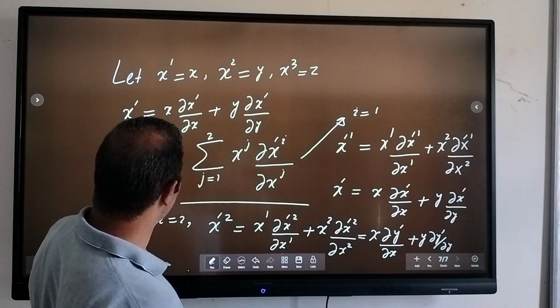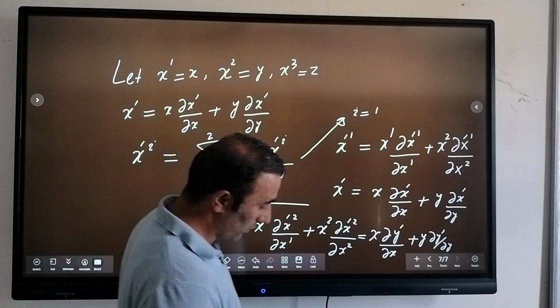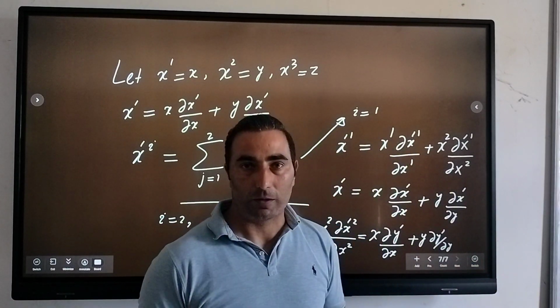So that means I can write x prime i equal to this. So this is our general equation. This is not only true for this, you can write it for any arbitrary vector. अगर मैं कोई vector लूँगा, right?